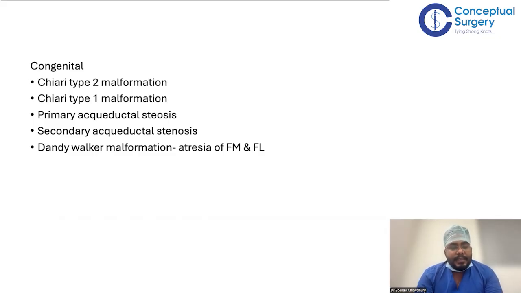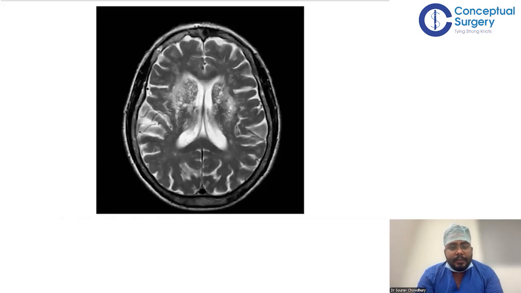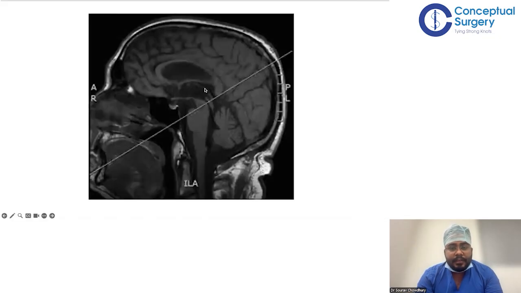Then we have already seen the aqueductal pathway, this particular structure that we have seen here, the aqueduct of Sylvius, from the third ventricle to the fourth ventricle.